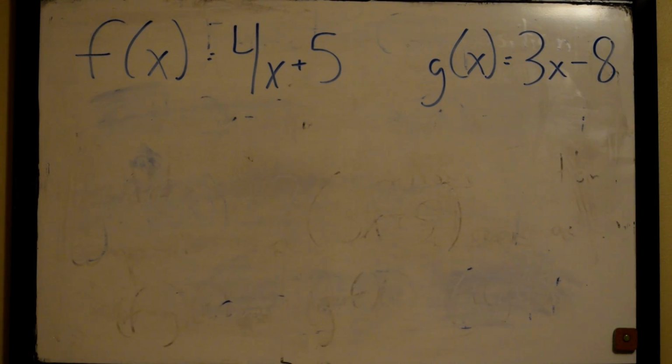So we've got 4x plus 5 and 3x minus 8. The very first thing I want us to do, let's try f of g of x.